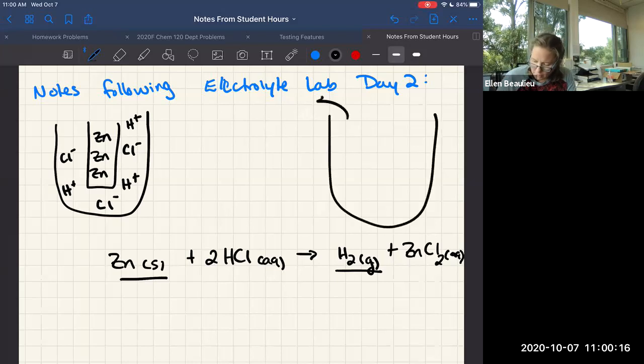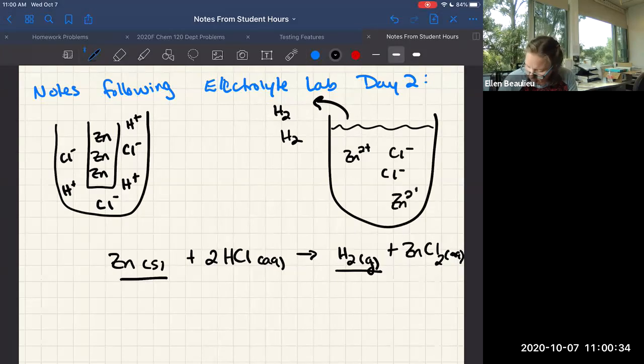So in the product beaker, I'm going to make some H2 gas bubbles, and those molecules actually leave the beaker. They're the bubbles that you see forming. And in the solution that's left in the beaker, we have some zinc ions and some chloride ions. Again, fully dissociated because zinc chloride is a soluble ionic compound.